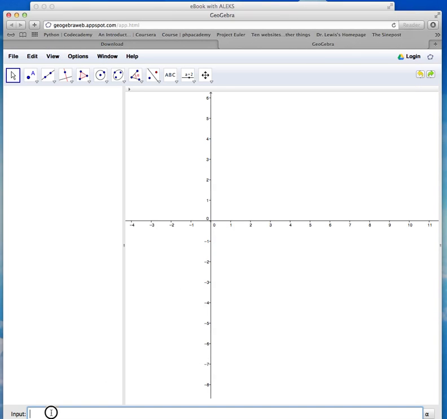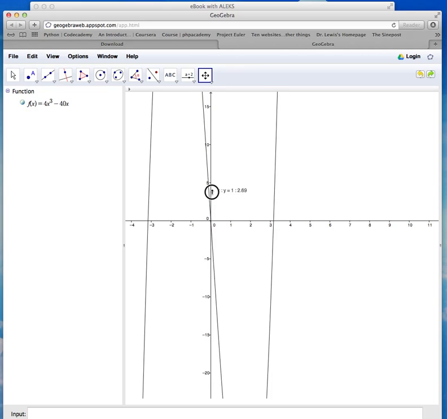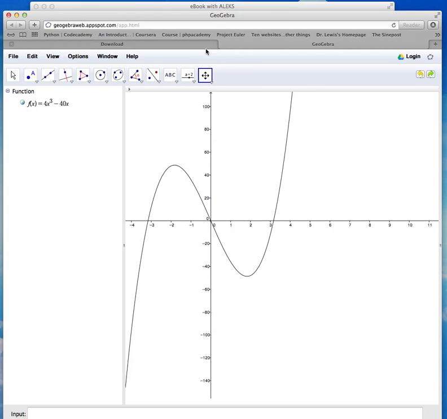So I'm going to go down to the input and go f of x equals 4 times x to the power of 3 minus 40 times x. Enter. That's what this graph kind of looks like. I want to fix it so I can see it, so I click this one up here, and I can shrink it down so I can see the graph.